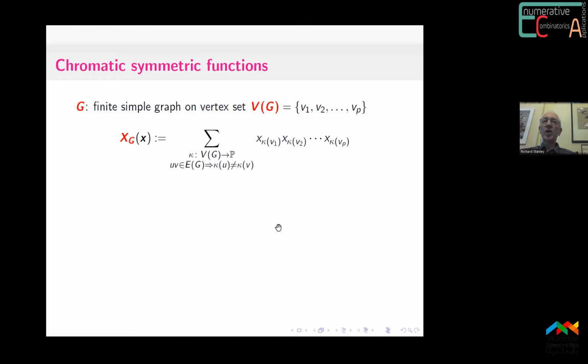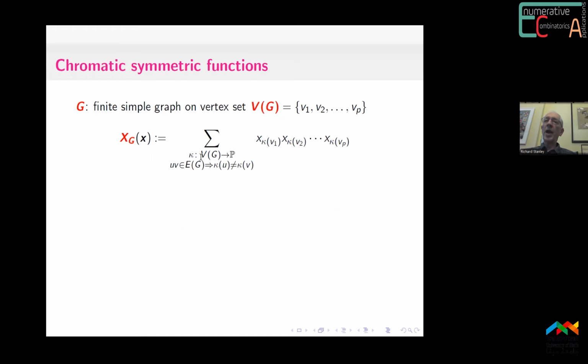Well, it's a surprising connection with a seemingly completely unrelated topic, chromatic symmetric functions. So I'll just briefly remind you of the definition. G is a simple graph, a finite simple graph on the vertex set v_1 up to v_p. For the chromatic symmetric function of G, you look at all proper colorings of G with the colors taken from the positive integers.